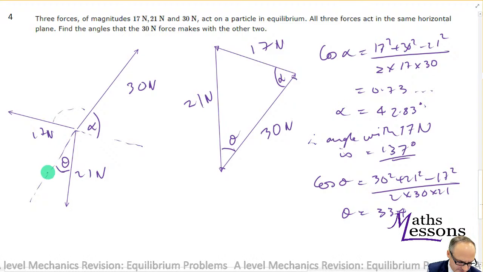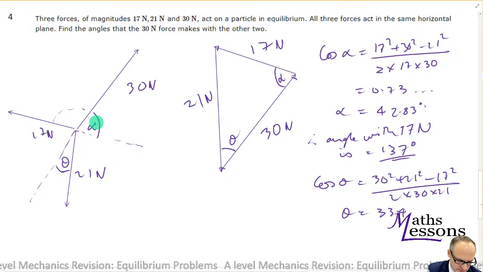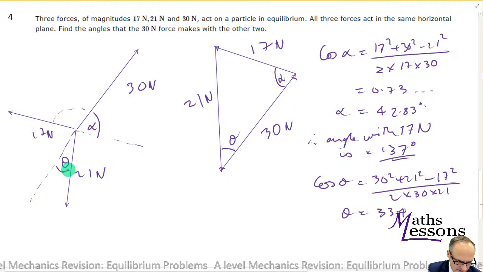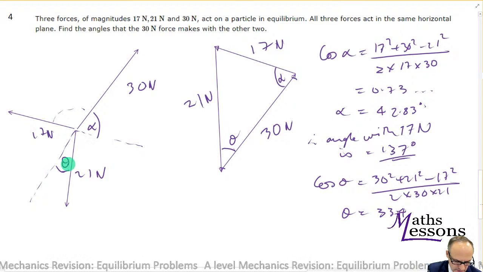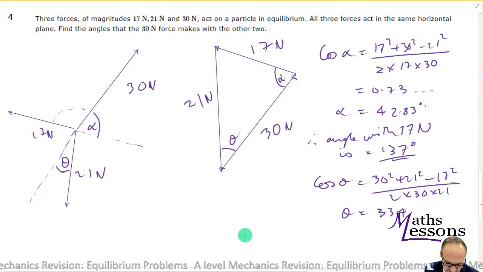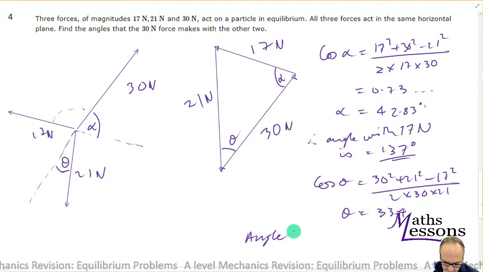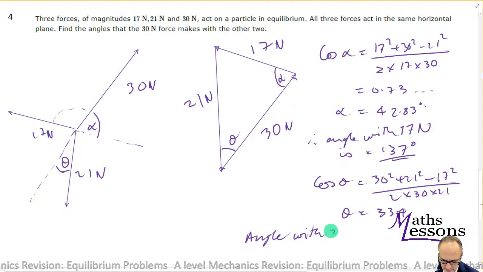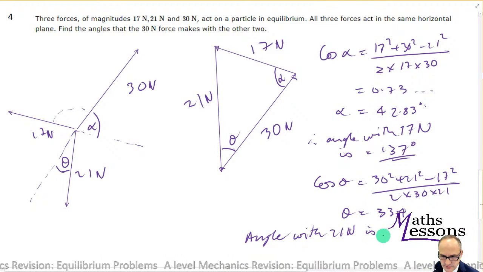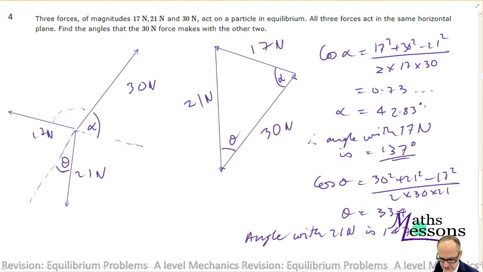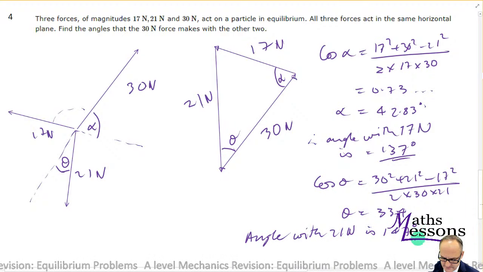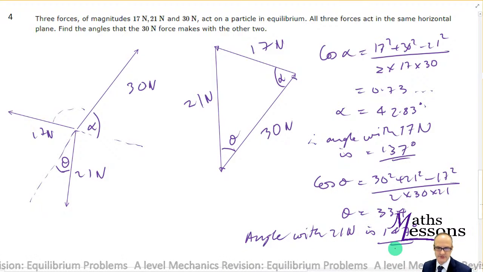Once again, theta does not give me the angle between the 30 and the 21, so I need to take it away from 180. Therefore, the angle with the 21 newtons is going to be equal to 147 degrees to the nearest degree.